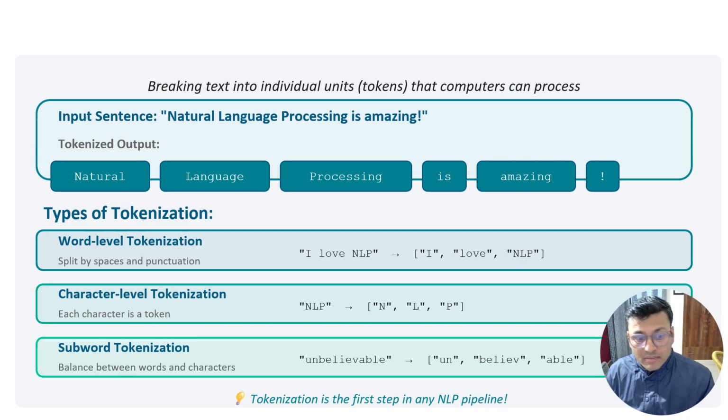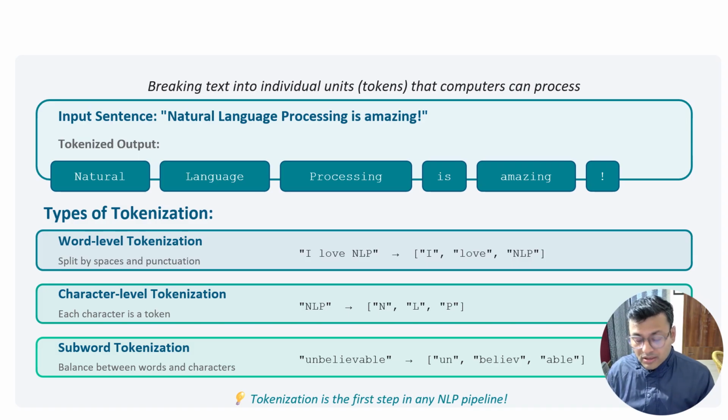Second is the character label tokenization. For an example, each character is a token, NLP. So NLP has been further broken into N, L, and P. The third form is what we call sub-word tokenization. That means a balance between word and characters. For an example, there is a big word, unbelievable.